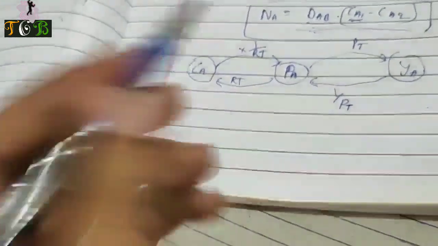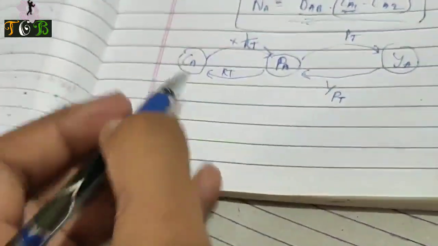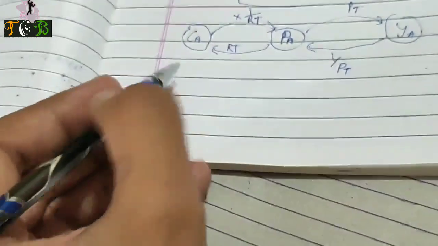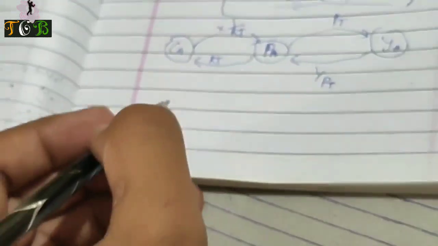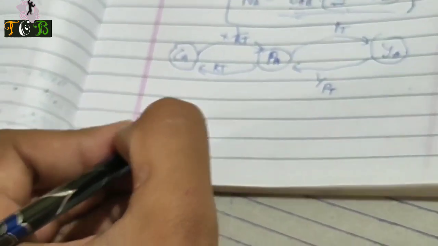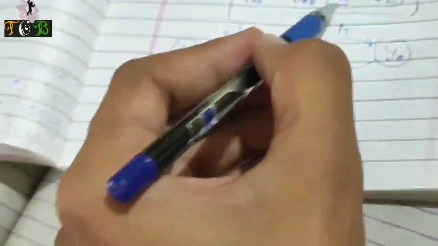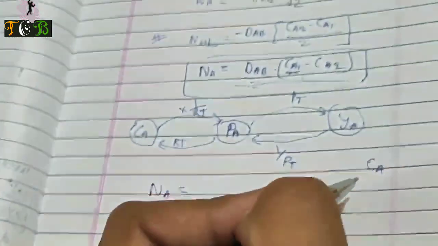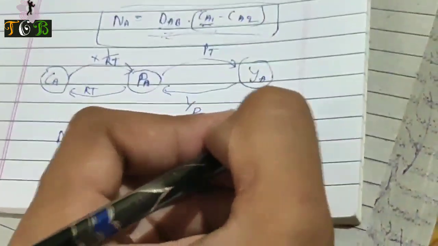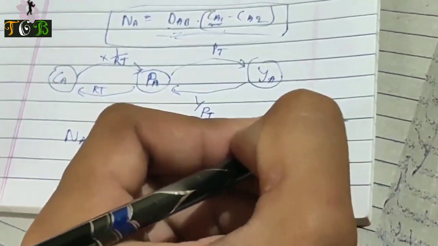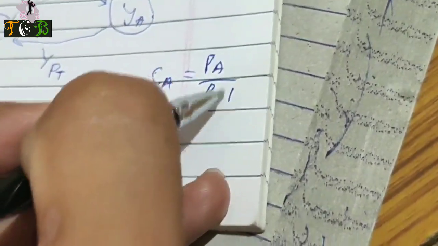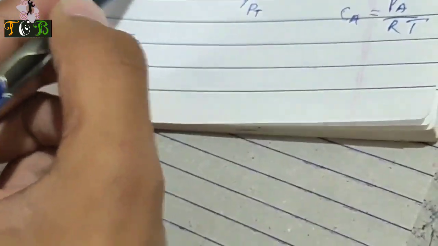Okay, now let me tell you how it will happen. Suppose we want to write this concentration form in the form of pressure. Na will be equal to, now see, concentration is actually equal to Pa by RT. Sorry for that, I'm not looking at this. Pa by RT, that's why it just becomes, as I told you, multiplied by 1 by RT.